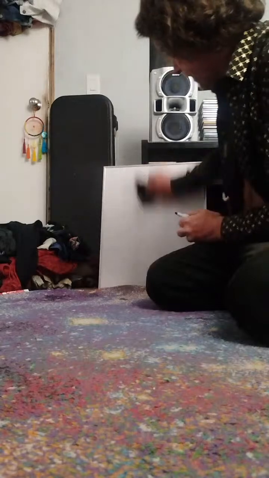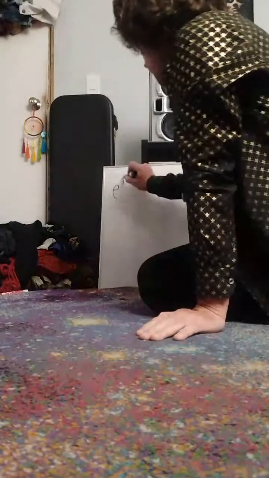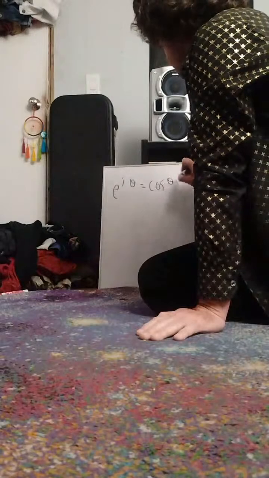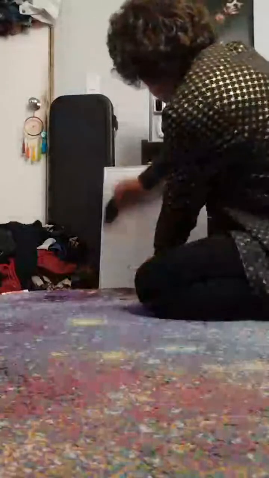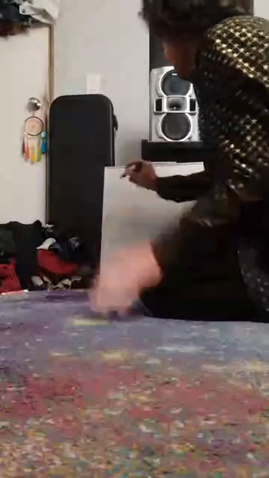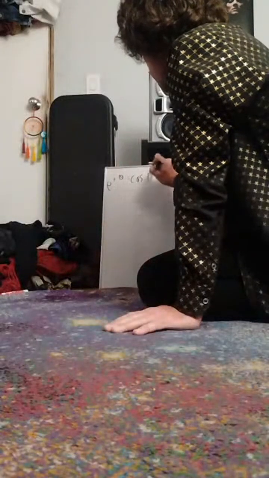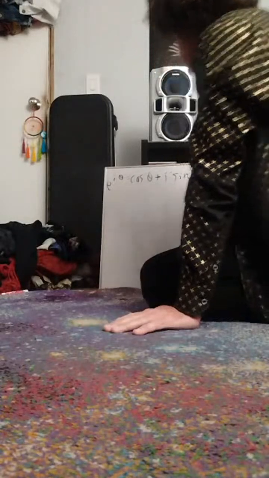Now there's such a thing as Euler's formula, which says that e to the i theta equals cosine theta plus i sine theta. I did not make enough room, did I? Let's try that again. Okay, e to the i theta equals cosine theta plus i sine theta.